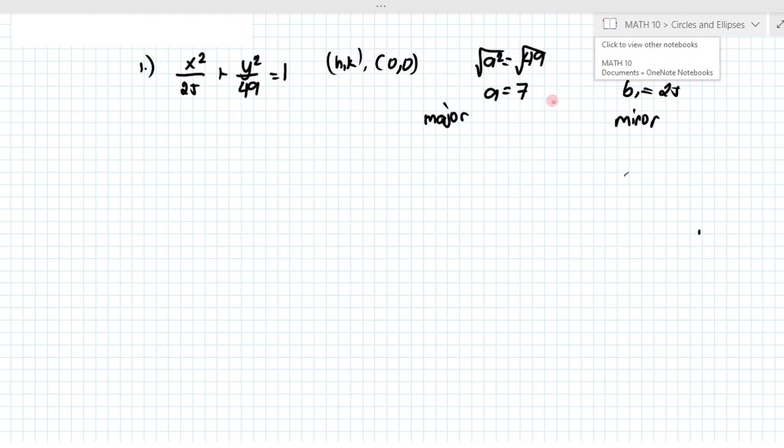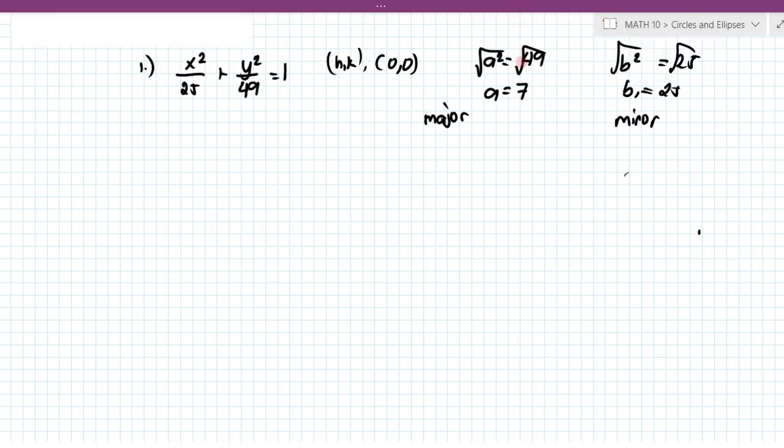Since our major axis lies on the y plane, that means that to find our major vertices, our solution would be h comma k plus minus a.